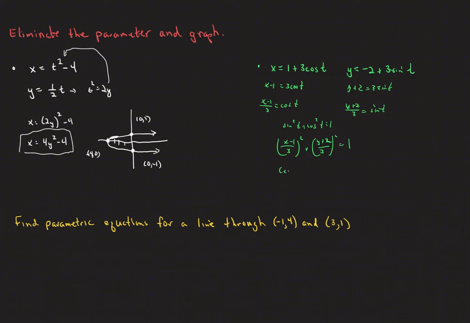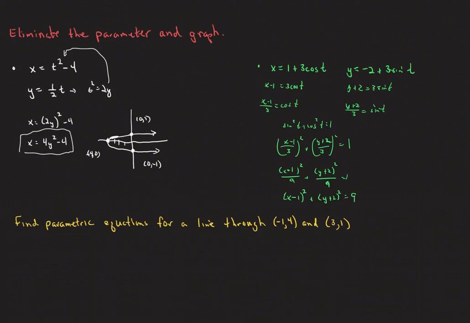So we'll separate that and make it x minus 1 squared over 9 plus y plus 2 squared over 9 equals 1. If those 9s were different, it would be an ellipse, but since they're the same, we can multiply through by 9 and get our standard form of a circle. So x minus 1 squared plus y plus 2 squared equals 9.